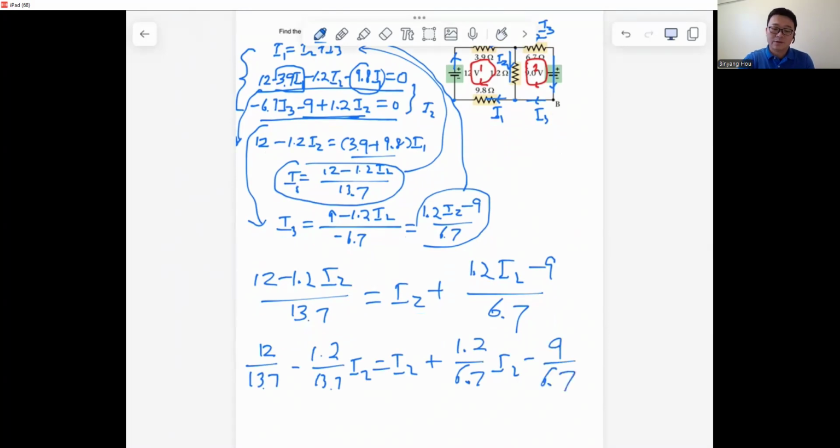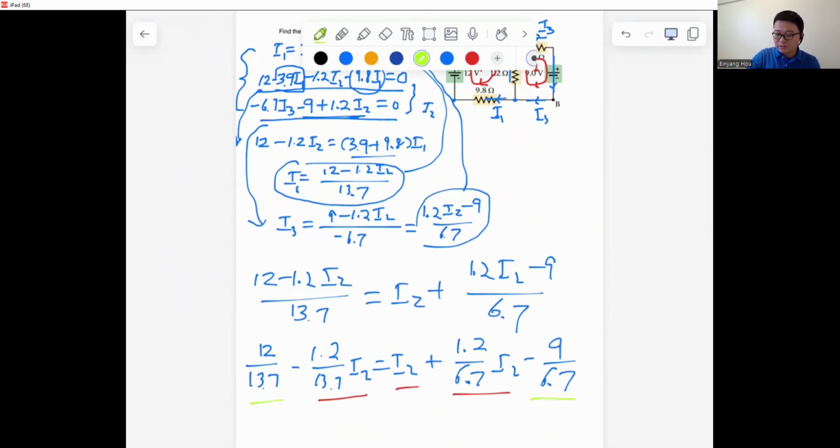So we'll put I2 on one side. Every term with I2 on one side, those three, and the rest to the other side.